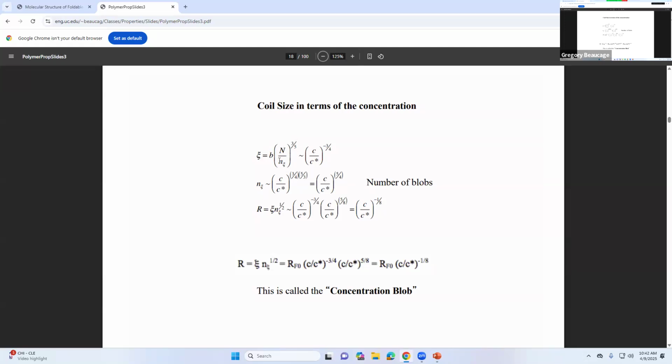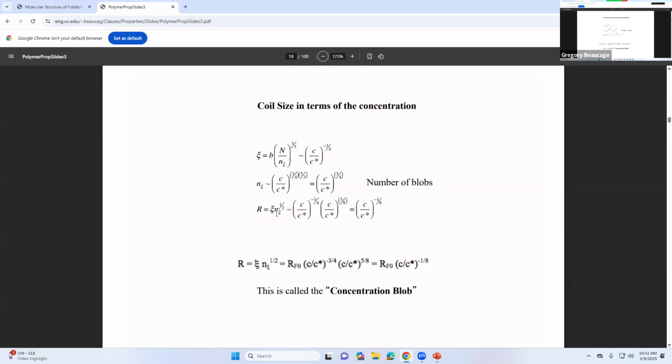So the total molecular weight divided by the molecular weight of one blob times the Kuhn length gives you this. That thing depends on C over C star to the -3/4, so you can solve for how many are in a blob in terms of C. It's C to the 3/4, and then to the 5/3 from this, so you get 5/4 for how many are in a blob.